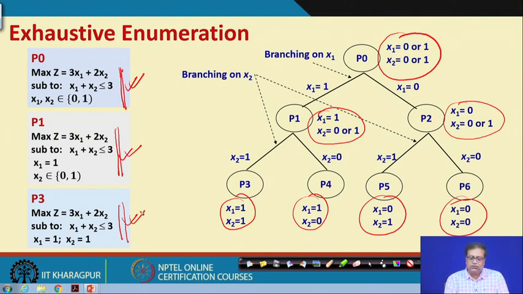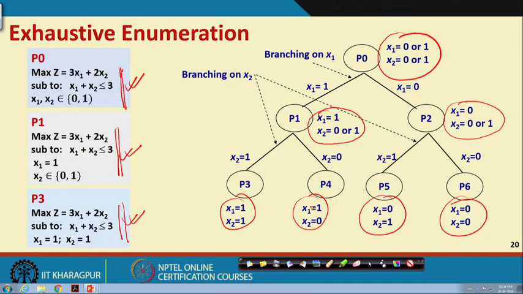By enumeration we found that the solution of P0 is the best possible solution of P3, P4, P5, P6. Where we had only one problem, we now have 4 different problems with 4 different solutions. The best one amongst them is going to be our optimal solution.